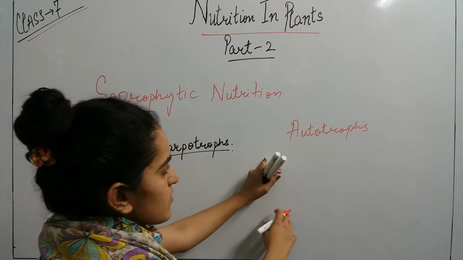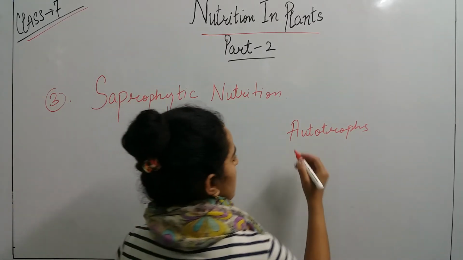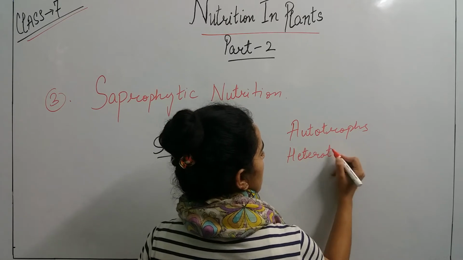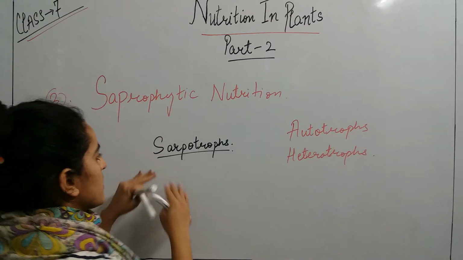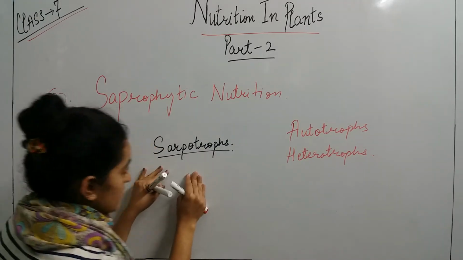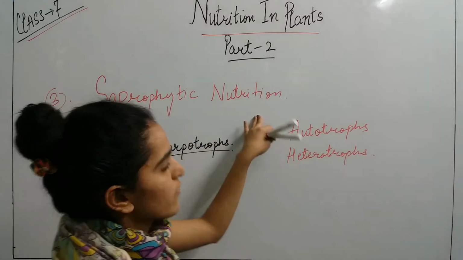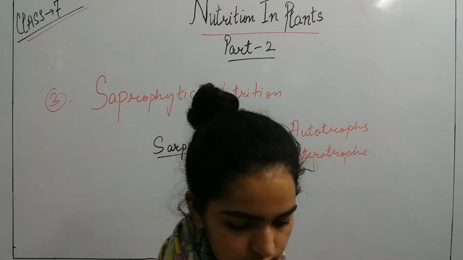Now the organisms which perform the heterotrophic mode of nutrition are heterotrophs. And similarly, the saprotrophs are the organisms which have the saprophytic mode of nutrition.